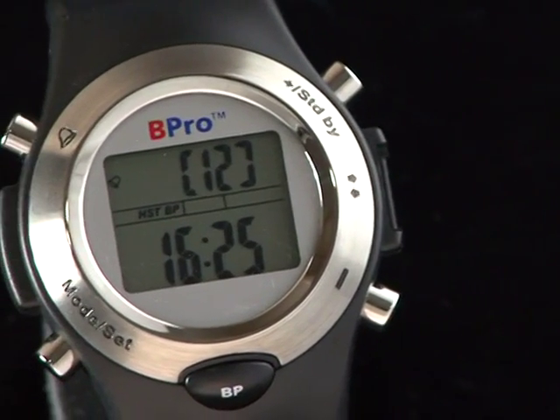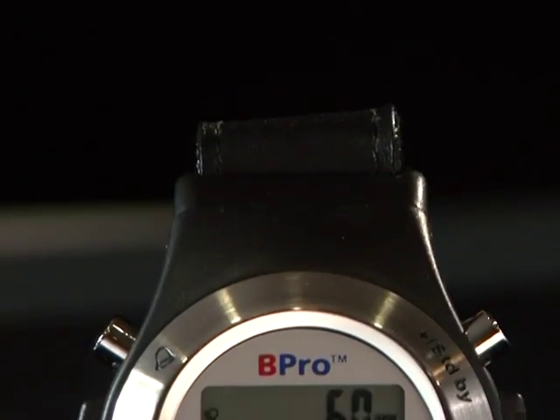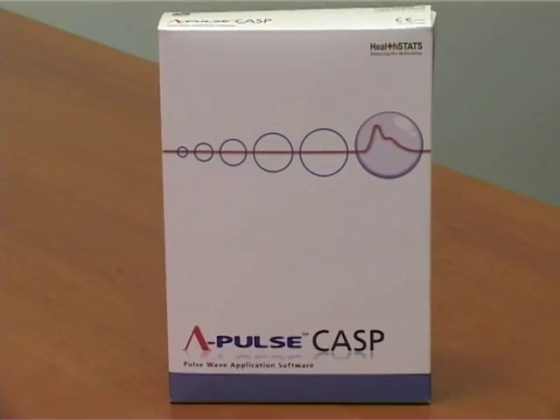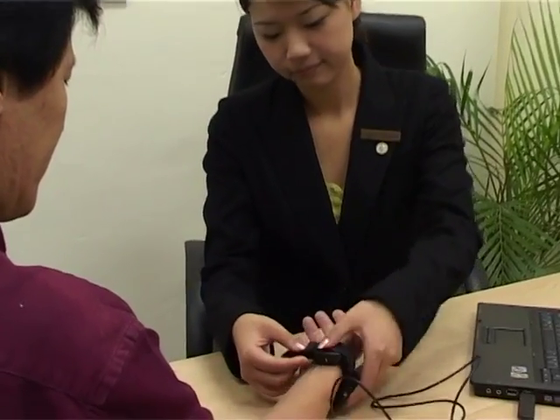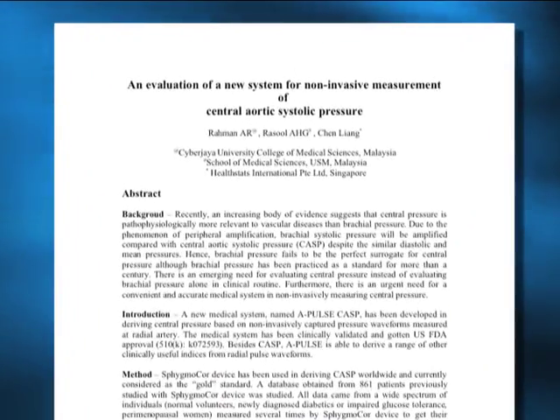This is where Healthstat comes in. We call it B-Pro, a patented, FDA-approved software which will calculate your central aortic pressure very accurately. This has been validated over more than 10,000 patient waveforms.